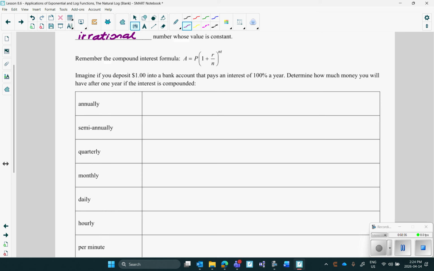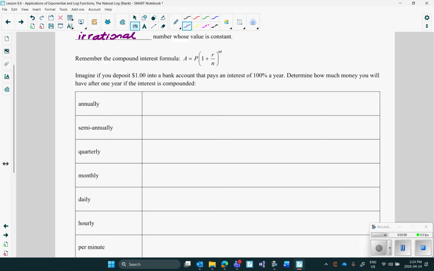So let's keep things simple. Imagine you've got $1 in a bank account and the interest rate is 100% per year. What is going to be the value of your $1 investment if interest is calculated annually?